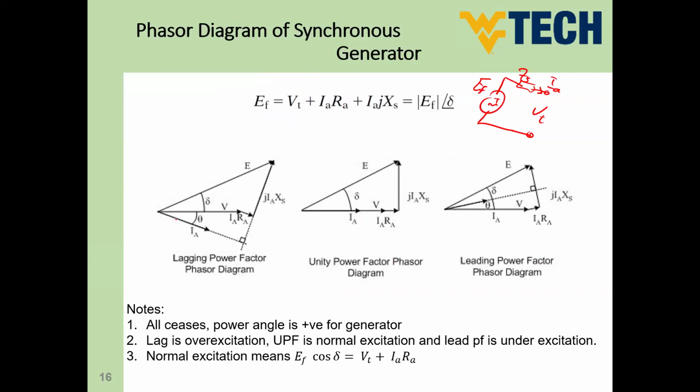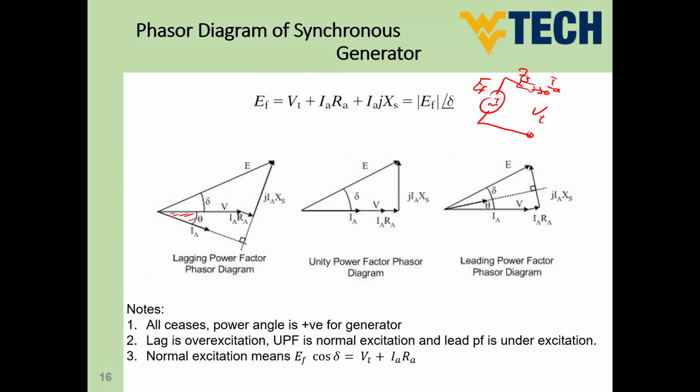So as we mentioned, guys, this is IA, this is the angle delta, and here the angle of the induced volt is delta, which is the power angle, and this is IA times RA, and this is JIA times XS. So this is the first case, which is the lagging power factor case.